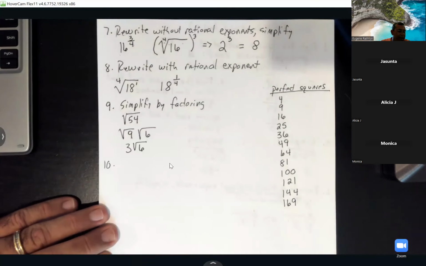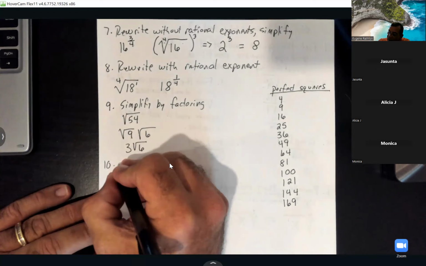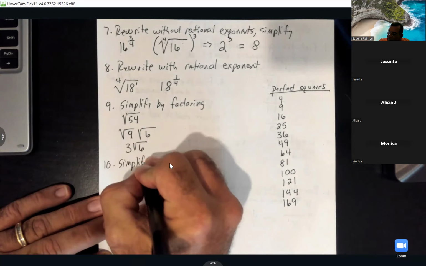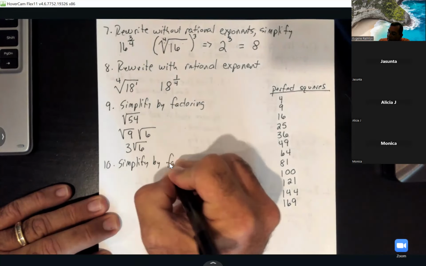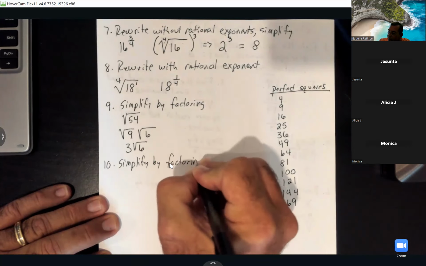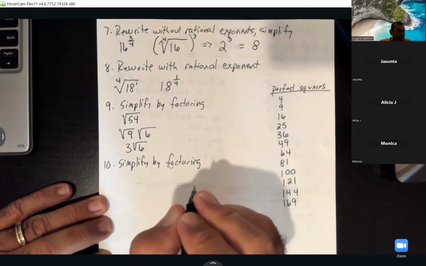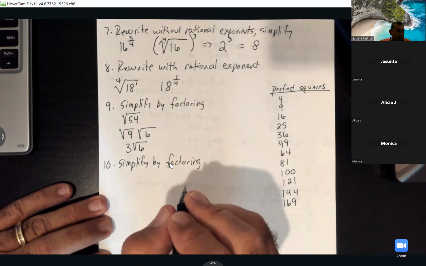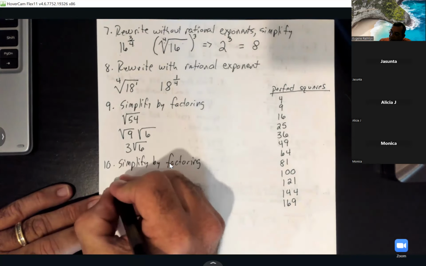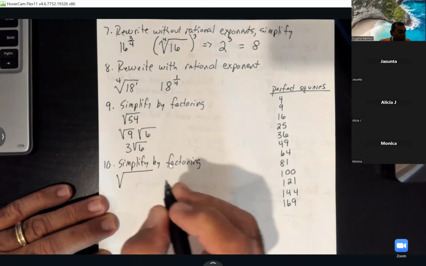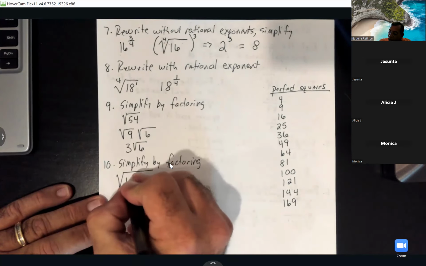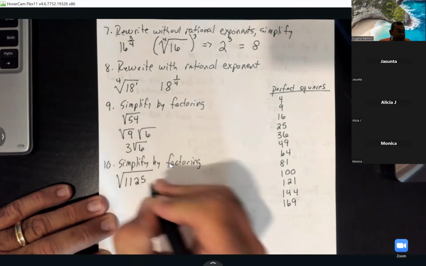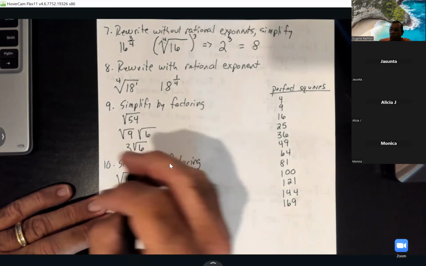All right, number 10, same thing, simplify by factoring. So I'm going to have a square root of 1,125 x to the 4th.